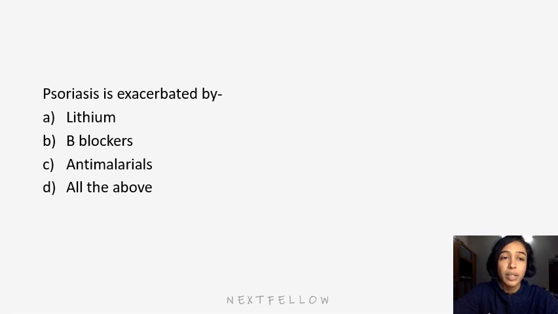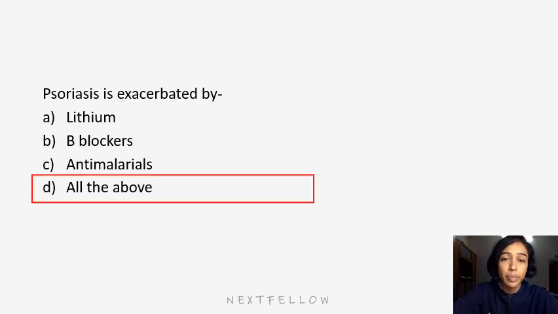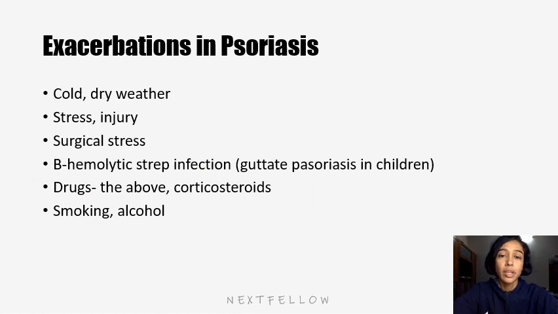Psoriasis is exacerbated by lithium, beta blockers, antimalarials, or all of the above. The answer is all of the above. So psoriasis has certain factors that worsen or exacerbate it. Most commonly it worsens in the winter, so dry, cold weather. Stress, any form of stress or injury, will worsen psoriasis, including surgical stress.